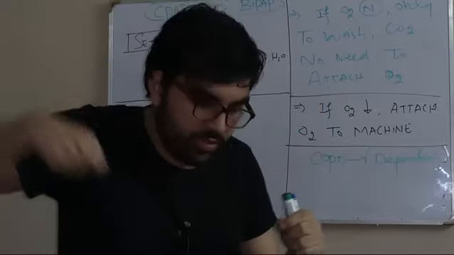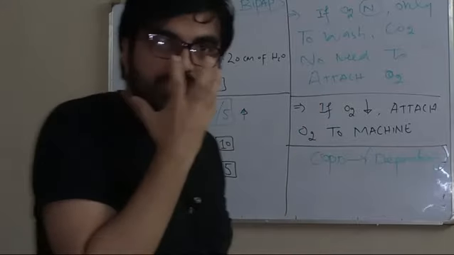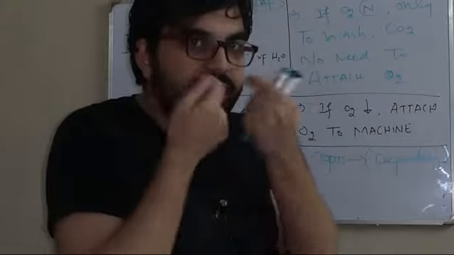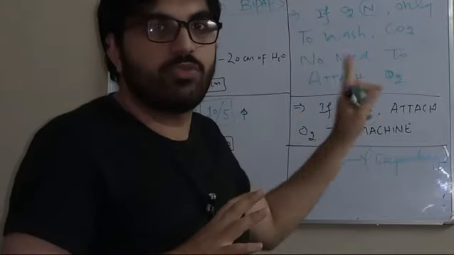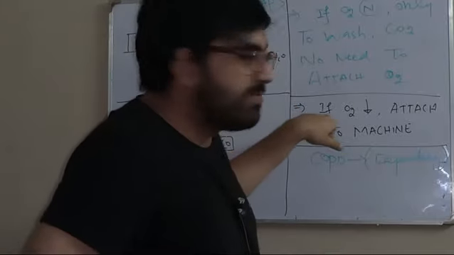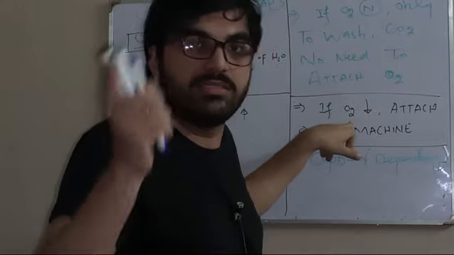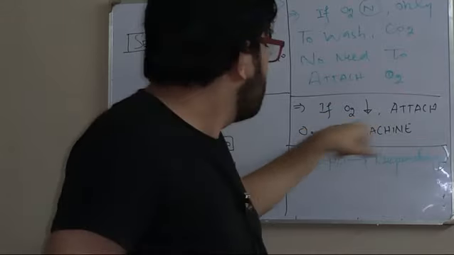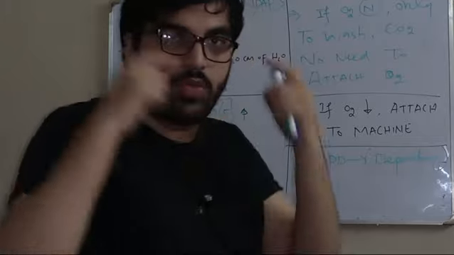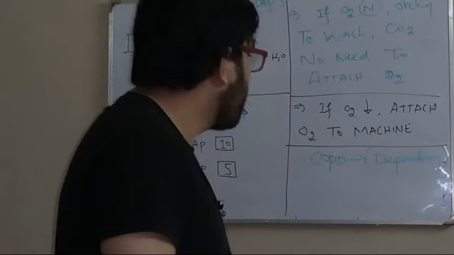You have to look for the fitting that there is no leakage. If there is leakage, then it will not work. Second, if the person is not maintaining oxygen sats, now this is the time to attach the oxygen with the CPAP or BiPAP machine.